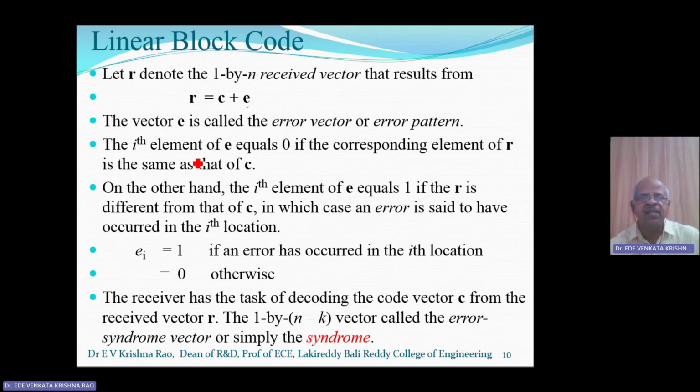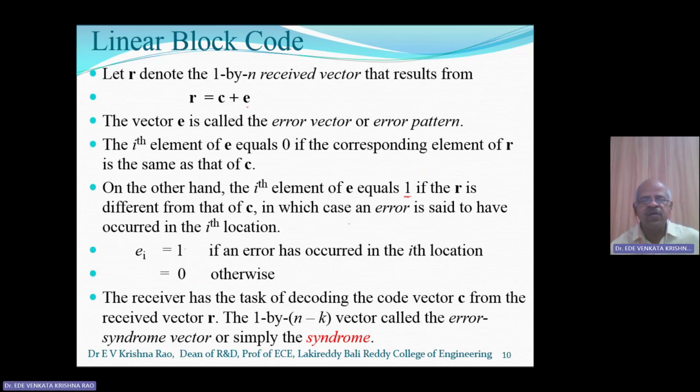If the ith element of E equals 0, then the corresponding element of R is the same as C. The code word equals the received word where the ith element of the error pattern is 0. If the ith element of the error pattern is 1, then there is an error in that bit of the received word, so R is not equal to C. So if the ith bit of the error pattern E is 1, there is an error in the ith bit. If it is 0, the code word bit is the same as the received word bit.